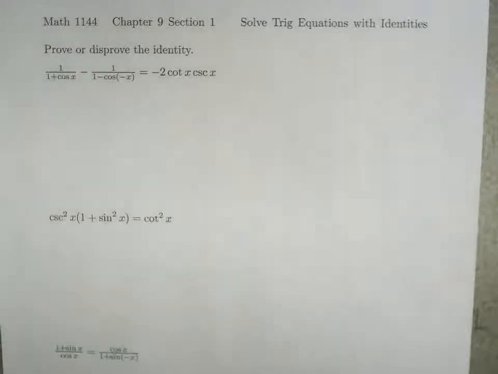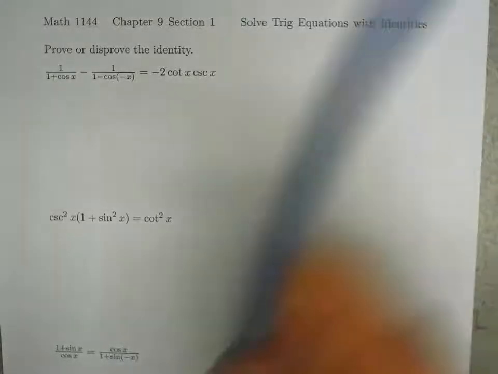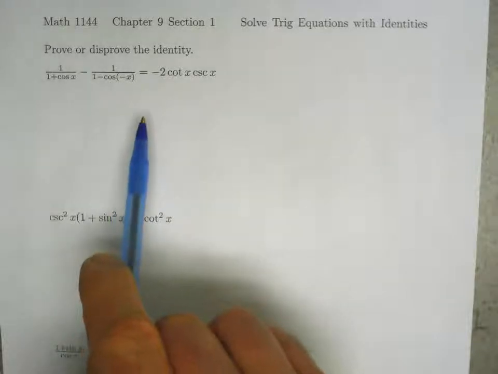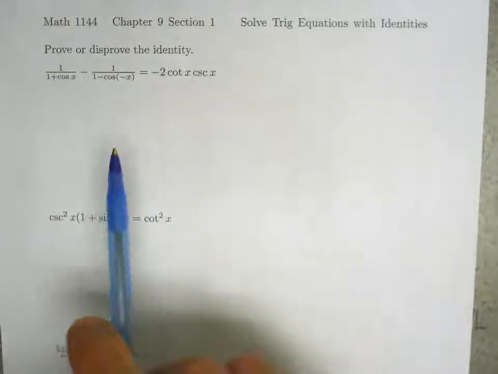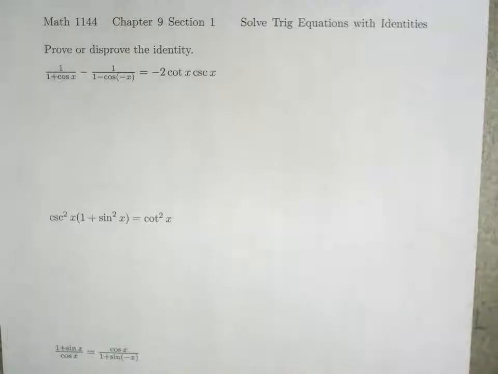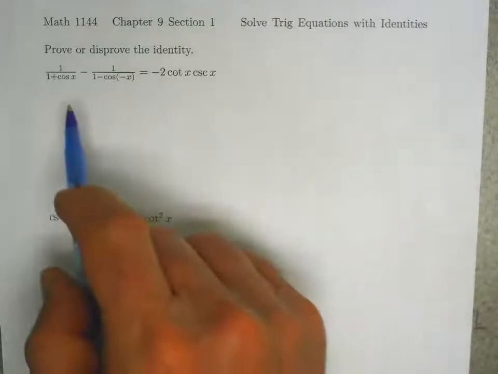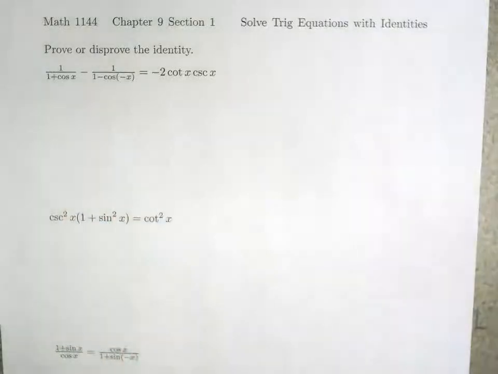So in other words, if you suspect that the equation is not an identity for all values of x, you can pick a specific x value and replace every x with that angle or input number. And if you get an equation that's false, then that's how you disprove that an equation is an identity.